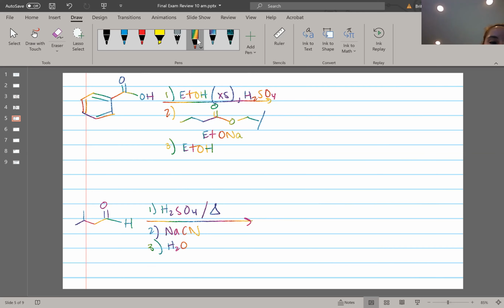Okay, so top one, we have benzoic acid, and we're reacting with an excess of alcohol in acid. What are we doing in that first step? Creating an ester. Yeah, so this is Fischer esterification, just like we saw on the previous page.